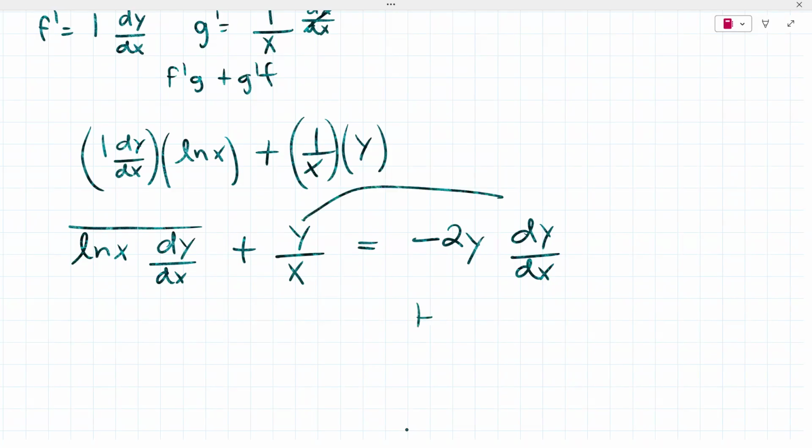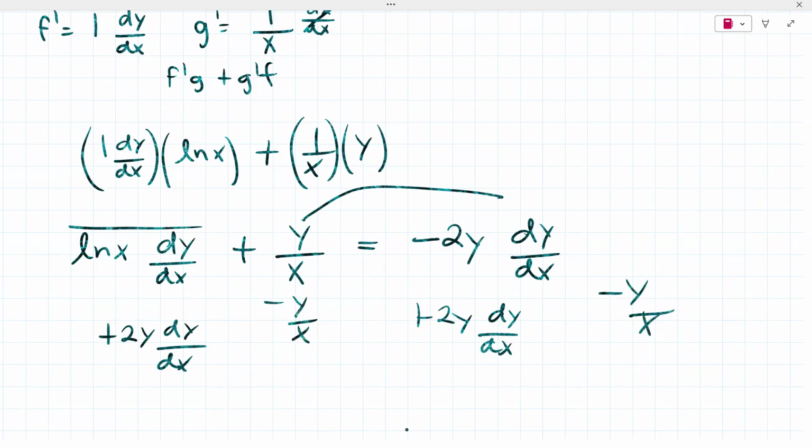So I'm going to add 2y dy dx, and then I'm going to subtract this, negative y over x, right?